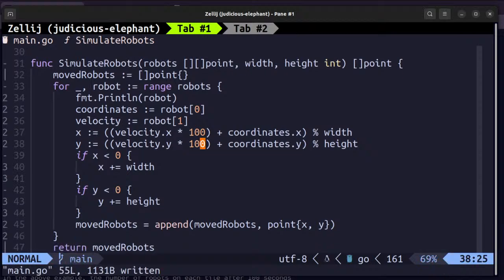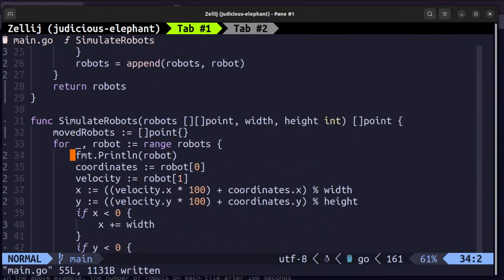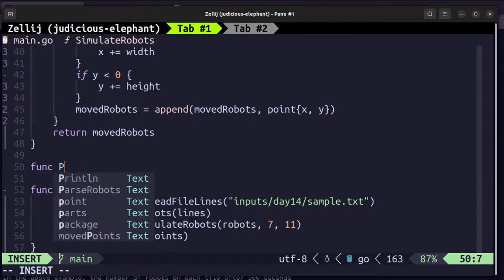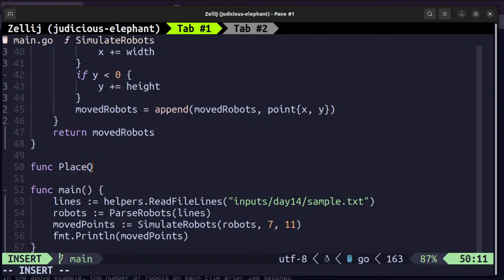So let's try out the other one, which will be to iterate over all the robots and place them in quadrants.